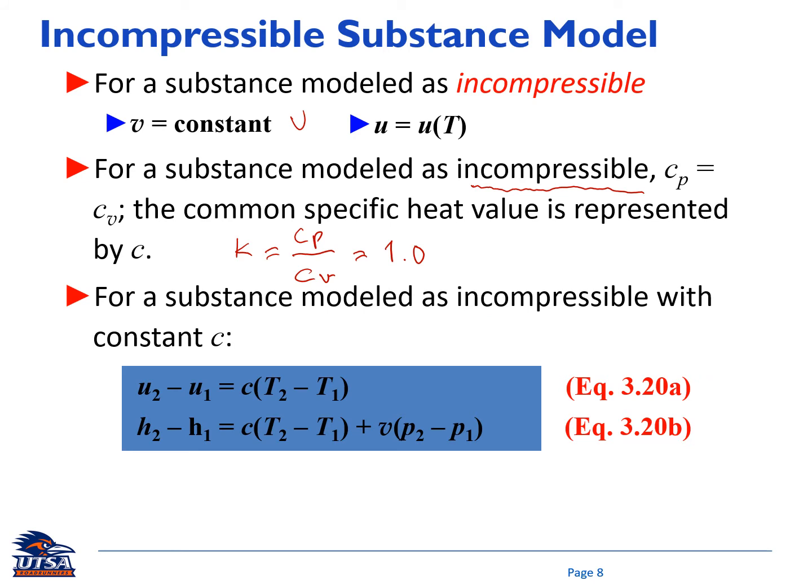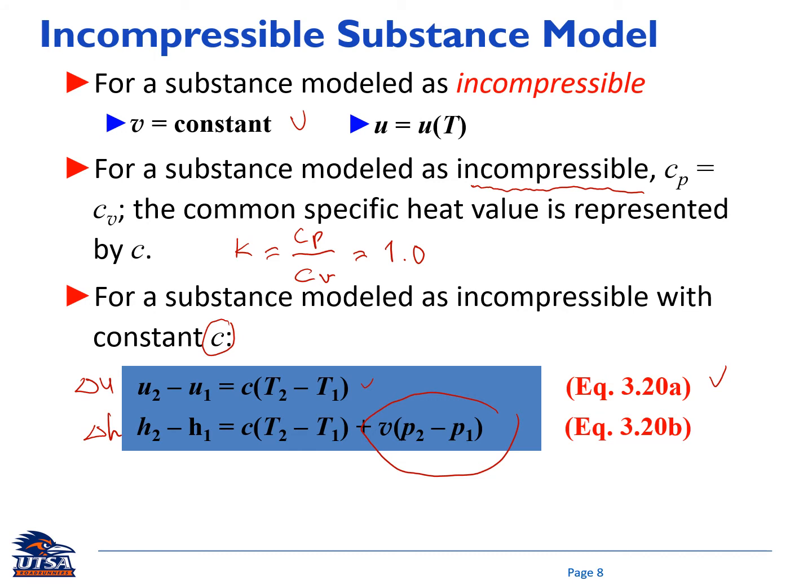Once again, for a substance modeled as incompressible, we have only one specific heat constant, usually represented by C, and then we can use equations 3.20a and 3.20b to calculate the change of the internal energy, delta u, and the change of the specific enthalpy. The change of the internal energy equals C times delta T, and the change of the enthalpy is the change of u, so C times delta T, plus v times delta P, so P2 minus P1.